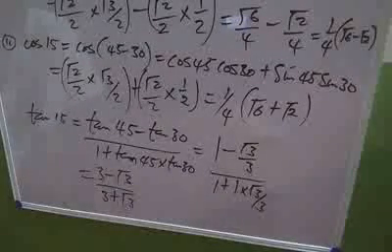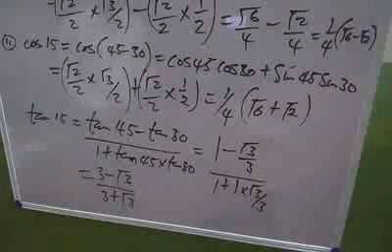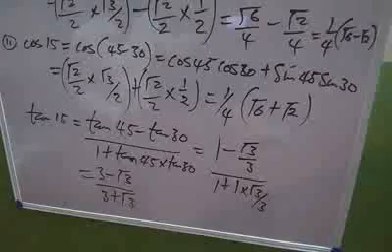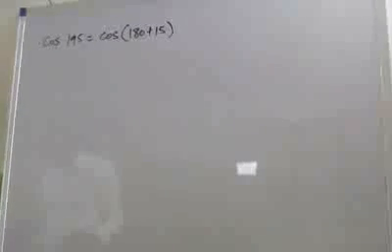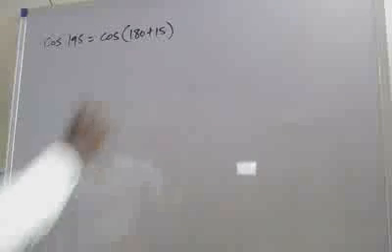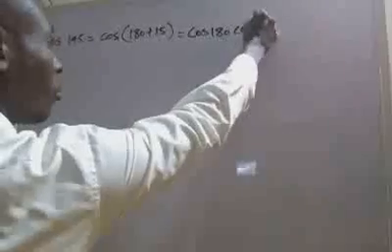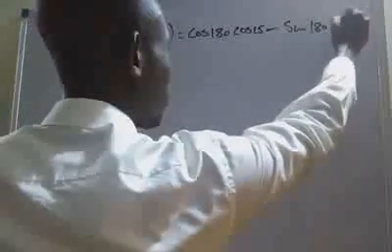So we continue. We have 195. Cos 195 is equal to cos(180 plus 15), which is cos 180 cos 15 minus sine 180 sine 15.